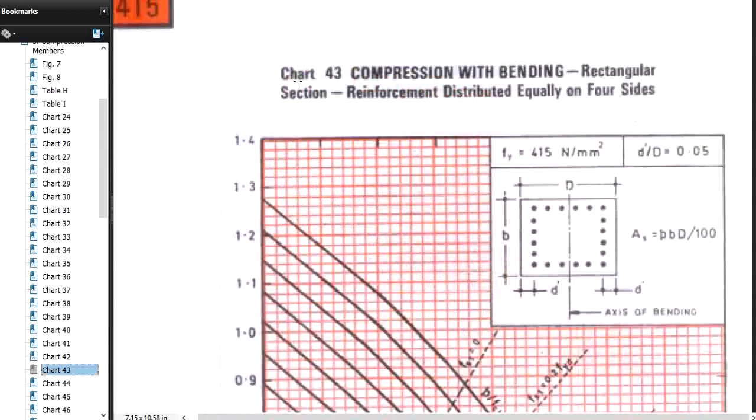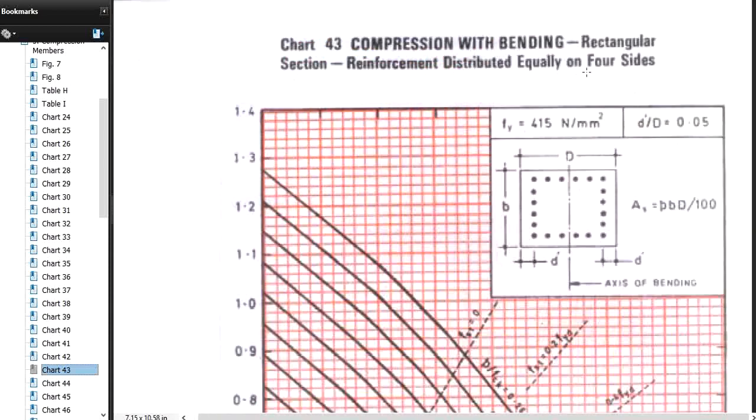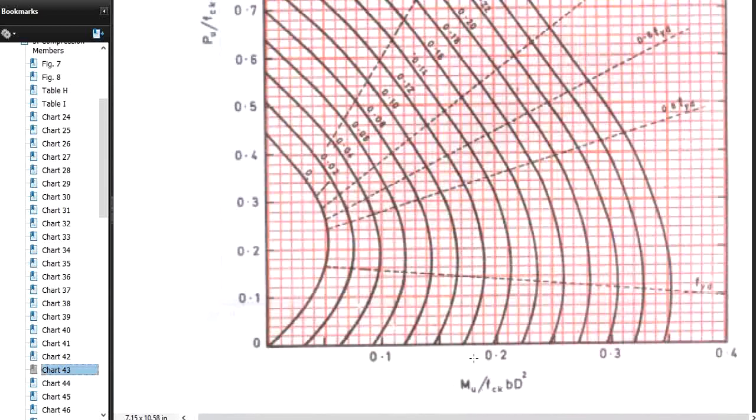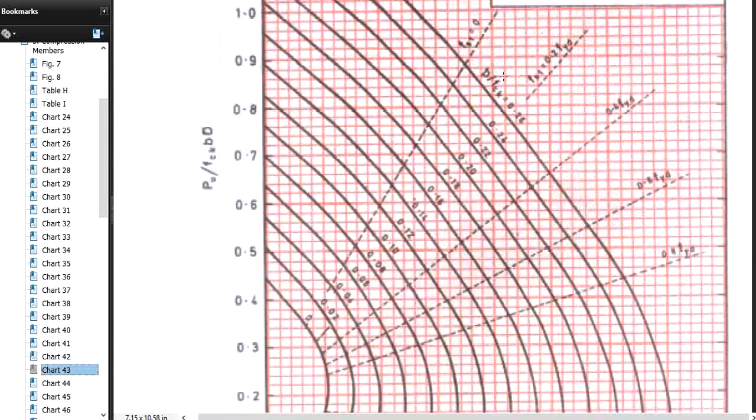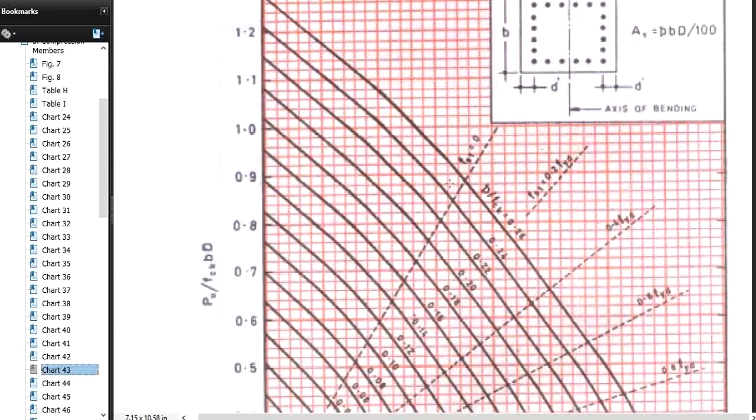So you can see this chart is applicable for reinforcement distributed equally on four sides. Whenever they give the value of PU, MU, percentage of steel, FCK, d dash by D, what do I need to find out? I need to take this P by FCK. I need to calculate PU by FCK BD.